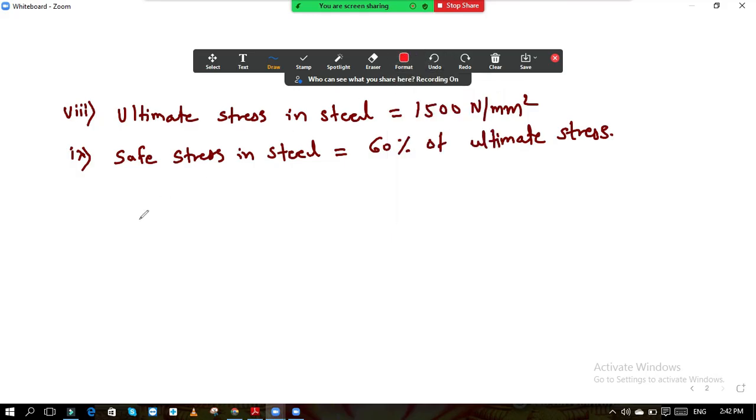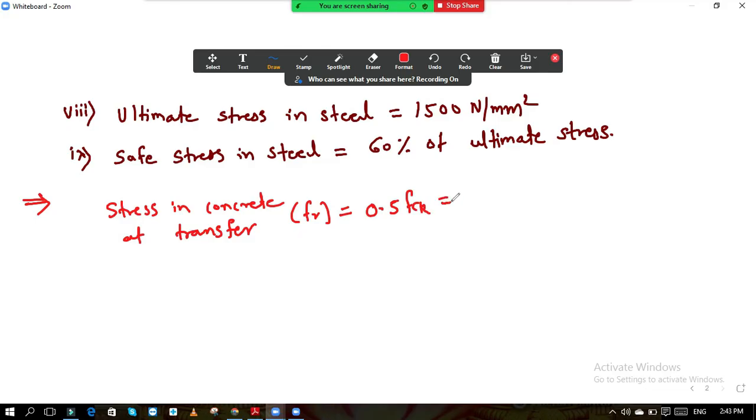Step number 1, calculate all the stresses first in steel and concrete. So compressive stresses, stress in concrete at transfer, that is FR, which is equal to 0.5 FCK, which is equal to 0.5 into 35, FCK is 35.